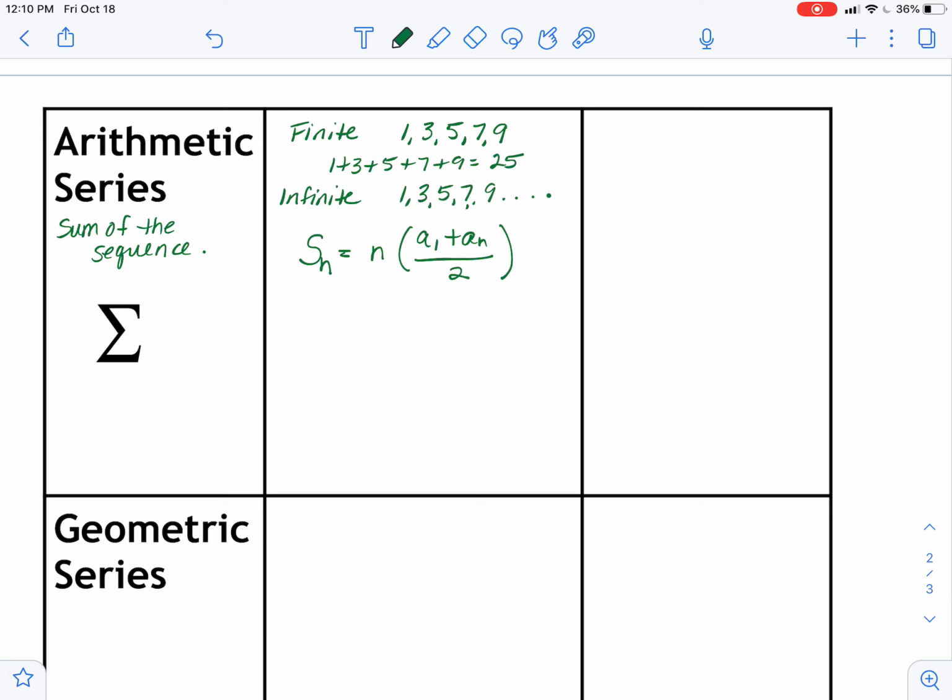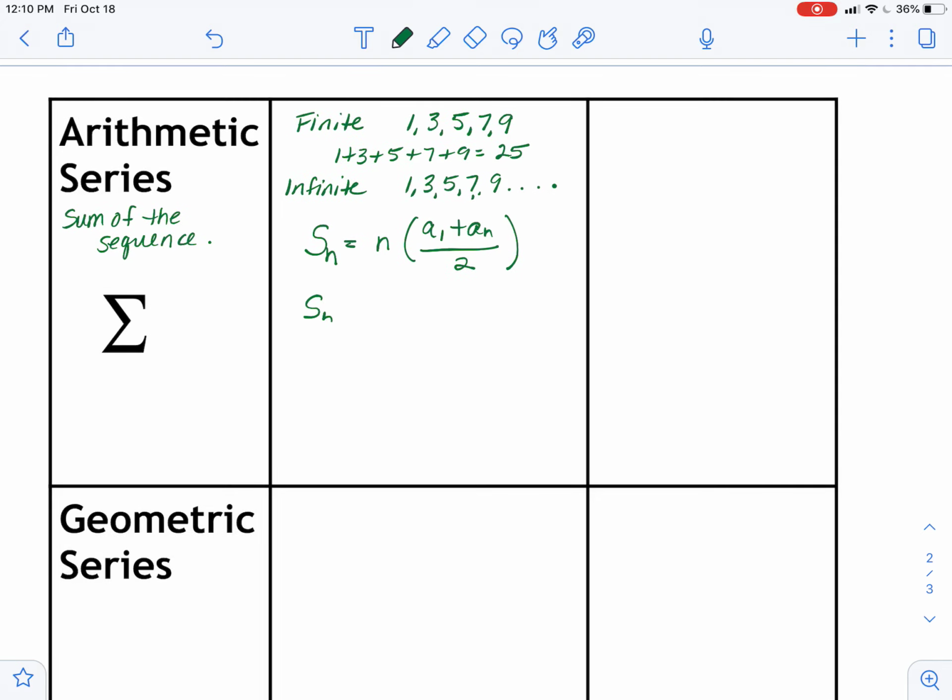So I'm just going to work through this problem here. We're looking at 1, 2, 3, 4, 5. We've got 5 numbers. So this would be S sub 5, okay? And that would be 5 times (A1, which is 1, plus AN, my last one, my fifth one, which is 9) all over 2.